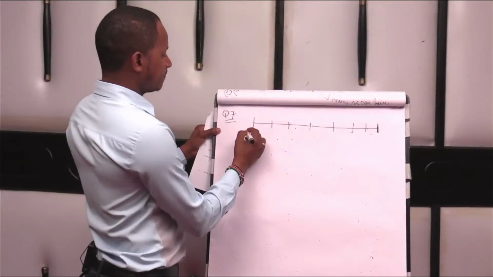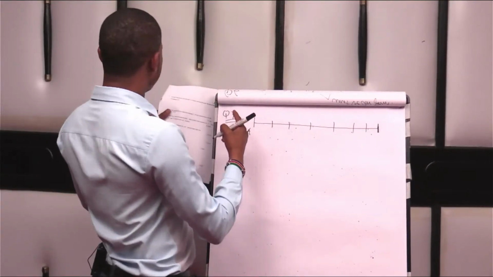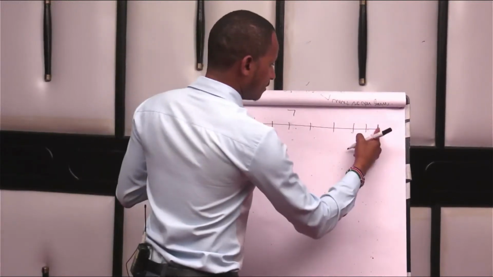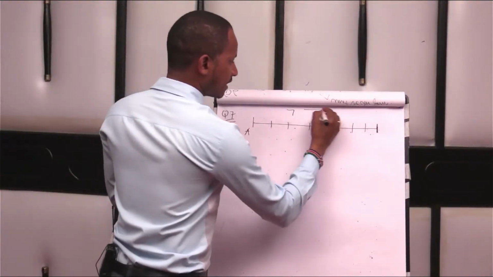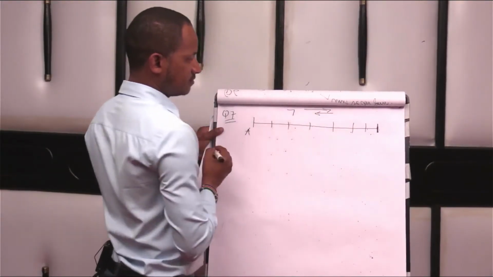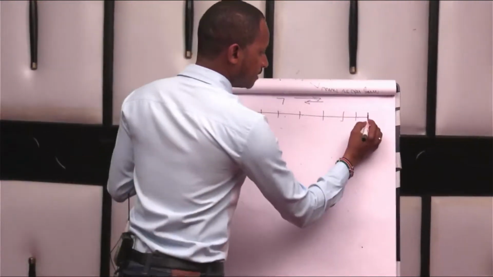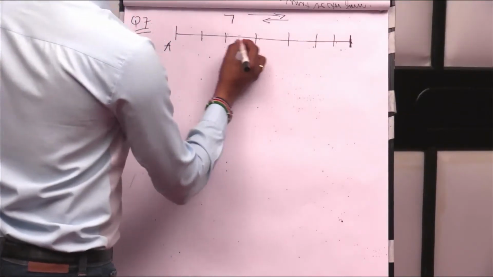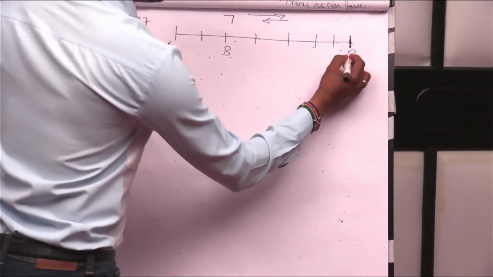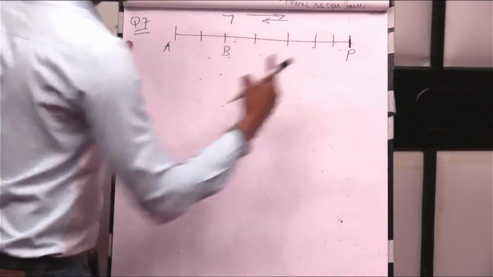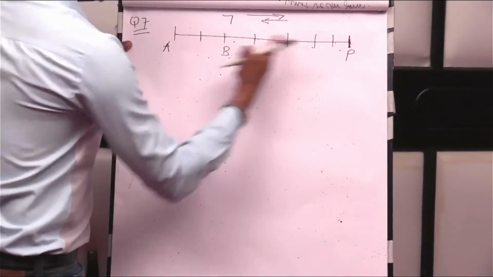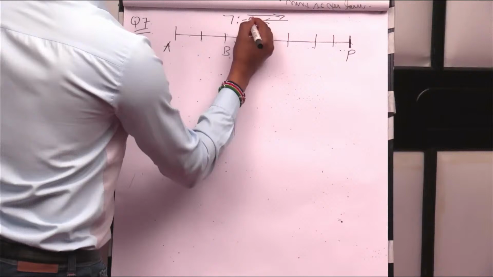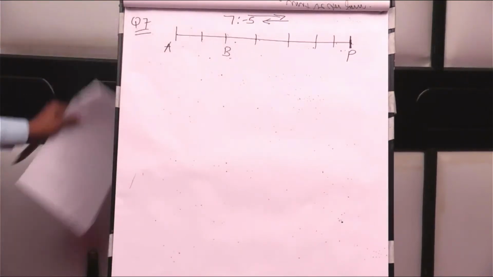So this is A. Remember, you are going like this 7, then you are coming back -5. So from here you count 5: 1, 2, 3, 4, 5. So this is our B and this is our P. So P divides line AB externally in the ratio of 7 to -5. So are we clear up to there?